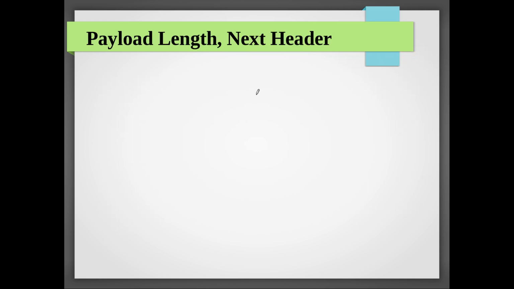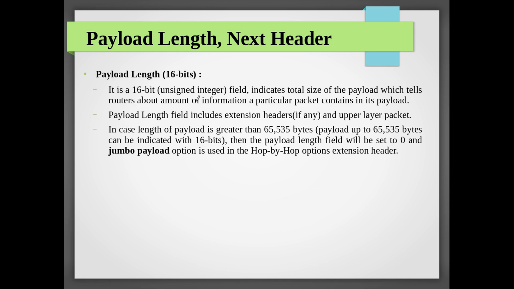Now the payload length field and the next header field. Payload length is the same as what we discussed in IPv4. It is a 16-bit field, an unsigned integer because it's a positive number only, right? That indicates the total size of the payload, which tells the router the amount of information a particular packet contains in its payload.